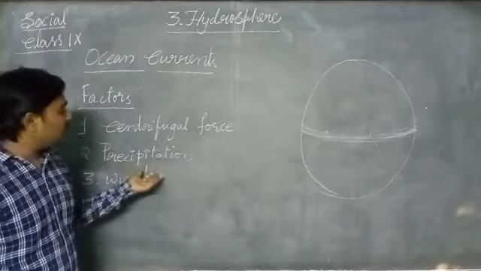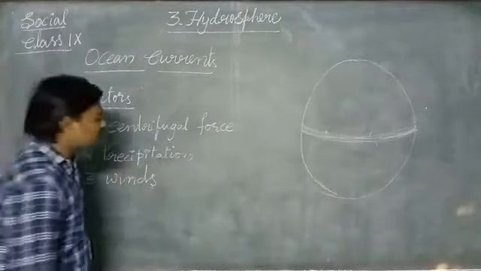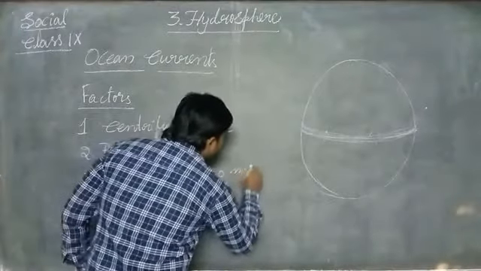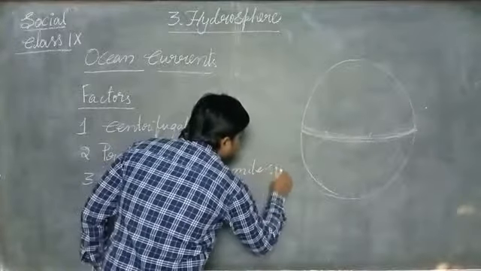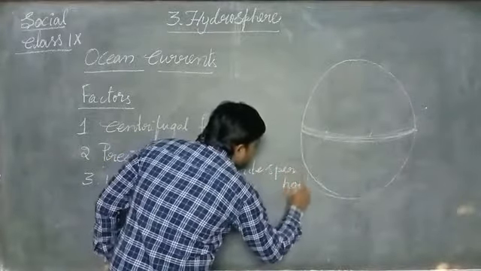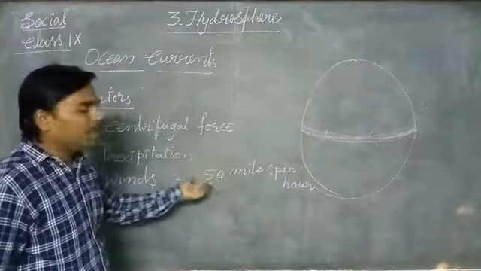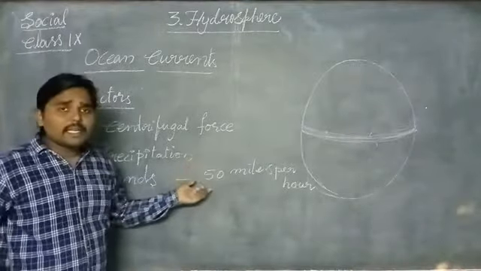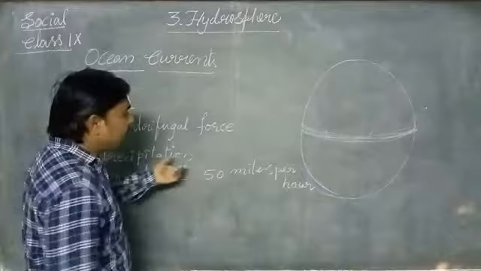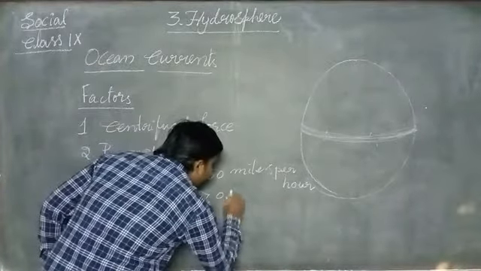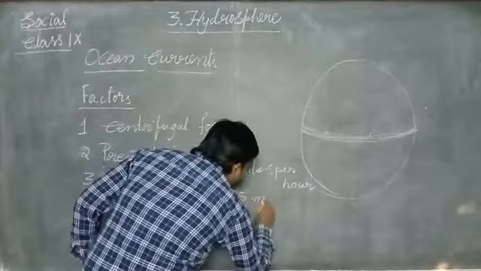Winds that flow with a speed of 50 miles per hour can drag the water with a speed of 0.75 miles per hour.